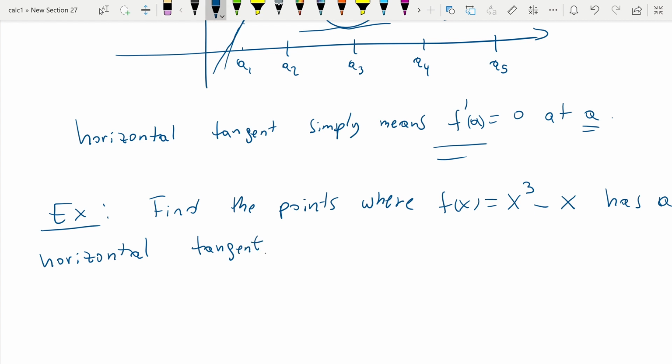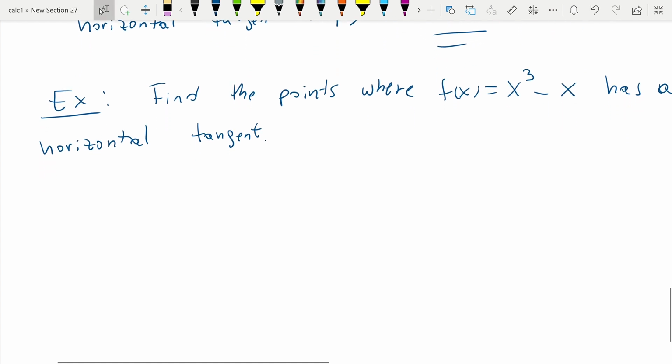Again, this simply means that we need to find the points such that f prime of x is equal to 0.